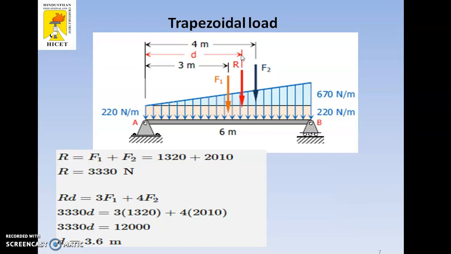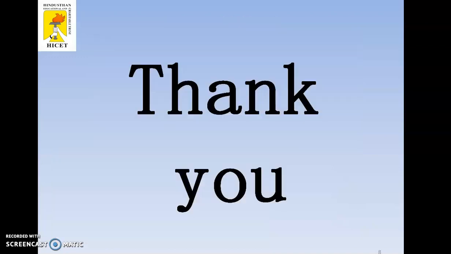So 3.6 is the final point load location for both the uniformly distributed and uniformly varying load. So this red color, this R, is the point load. So this is the method to convert the trapezoidal load into a point load. That's all.